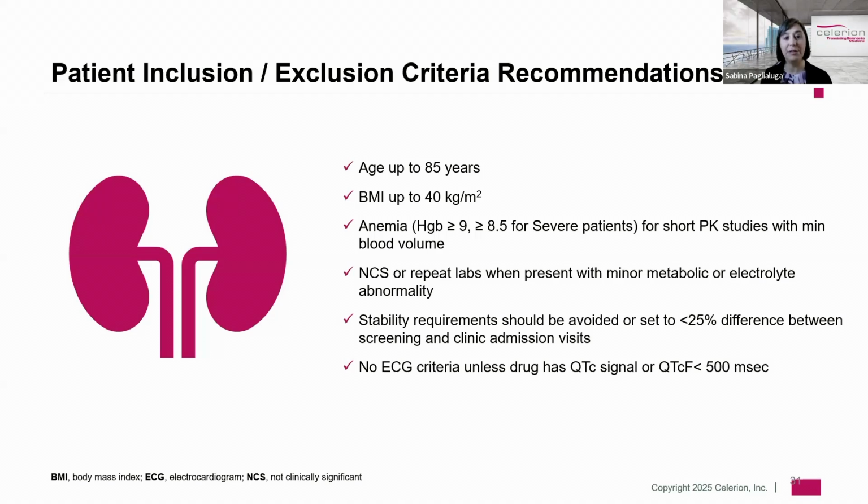So typically we suggest to enroll patients up to 85 years of age with a BMI up to 40. If possible, the protocol should avoid any stability or QT criteria, and allow for repeat labs for minor metabolic and electrolyte abnormalities.